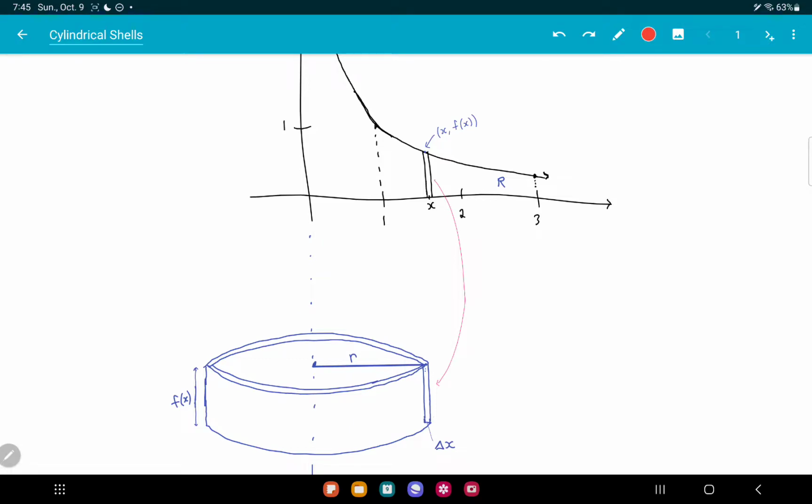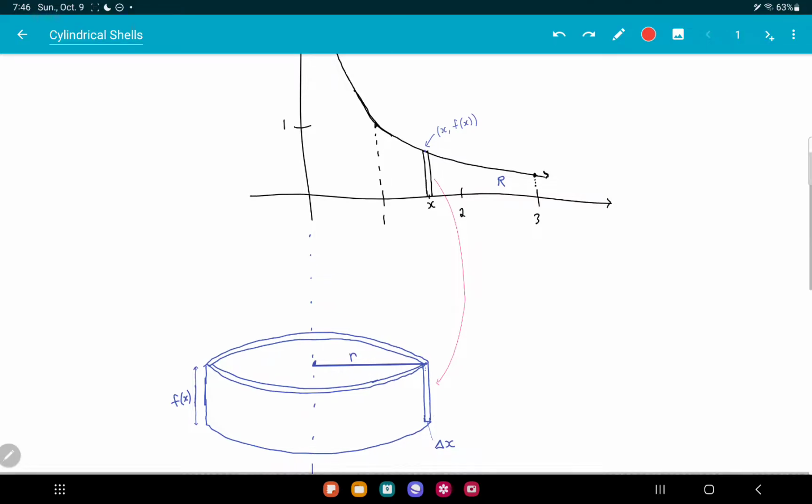Okay, it's a cylinder, and it's pretty thin. There's only a little delta x worth of thickness there. So pause and copy that figure if you haven't had a chance to already. So we're going to be basing our volume integral on this object here. So we'll need to find the volume of just this one cylindrical shell.